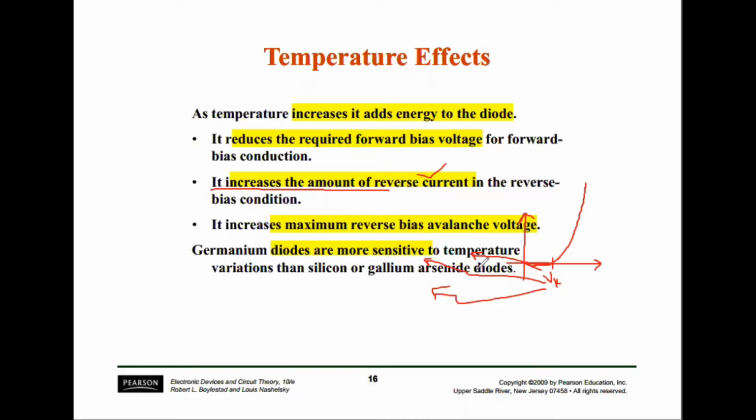While silicon and gallium arsenide diodes are more stable and have robust performance at different temperatures. That's why gallium arsenide diodes are most commonly used, due to their robust characteristics at higher temperatures.